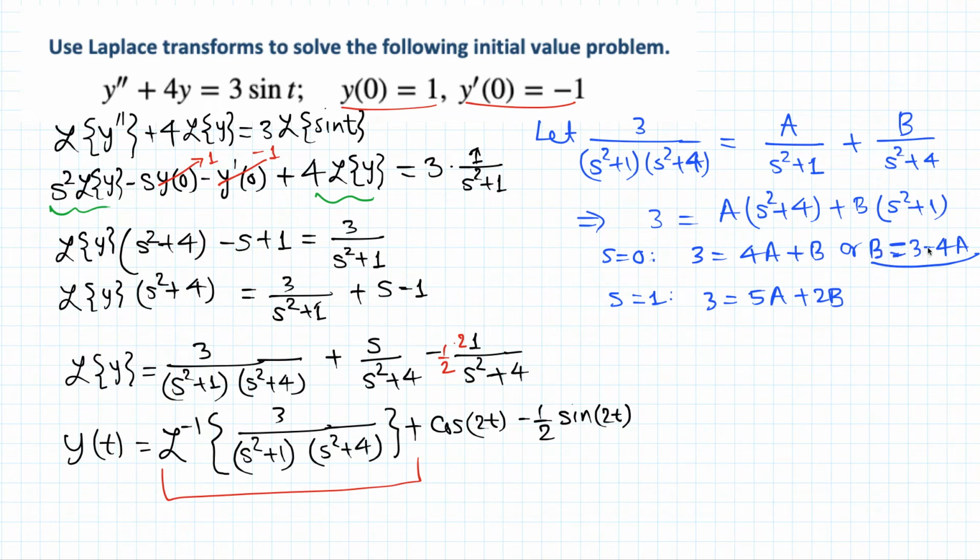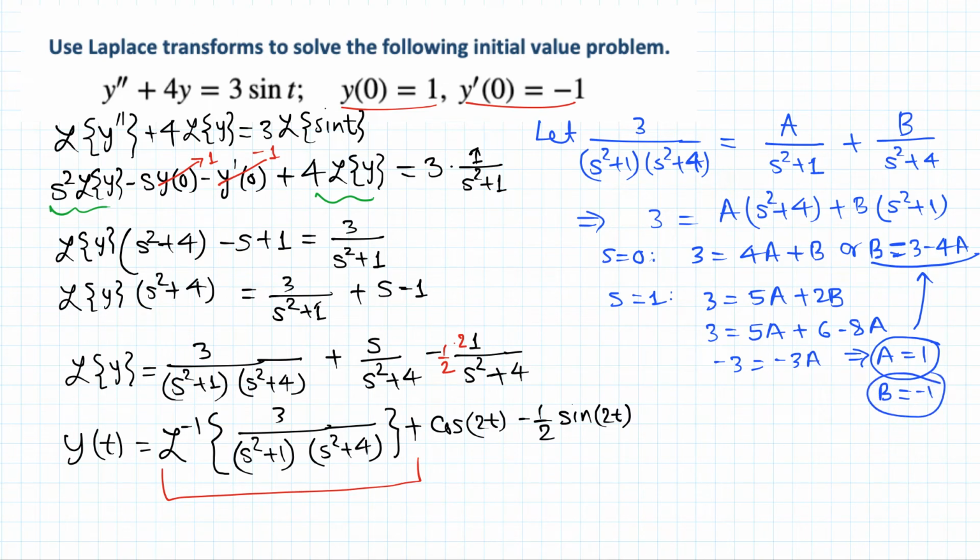B is 3 minus 4a. 2 times b: 2 times 3 is 6 minus 2 times 4, 8a. 3 minus 6 is negative 3. 5a minus 8a is negative 3a, divided by negative 3. So a is in fact 1. And plug in here. B is 3 minus 4, negative 1.